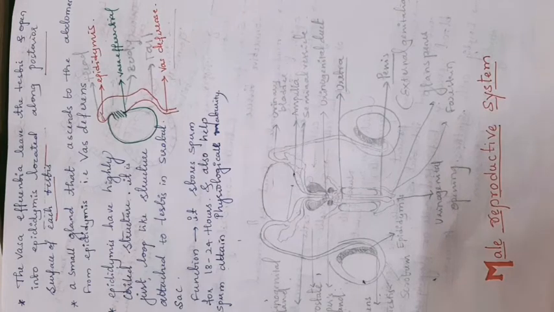Physiological maturity means the alteration and modification of the chemical constituents present in the sperm occurs inside the epididymis. Okay. This is the main function of the epididymis. Next we can discuss the very important structure of the male reproductive system.